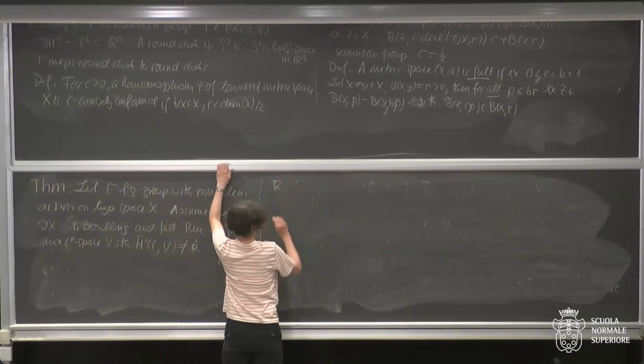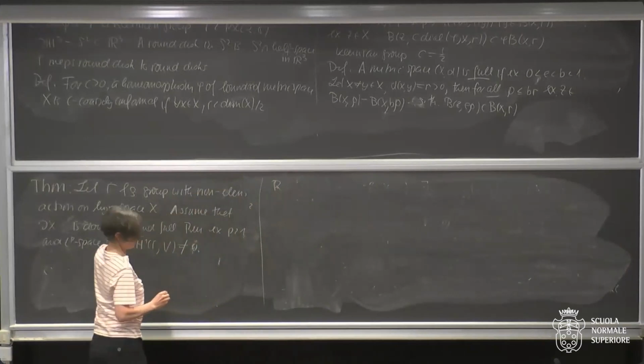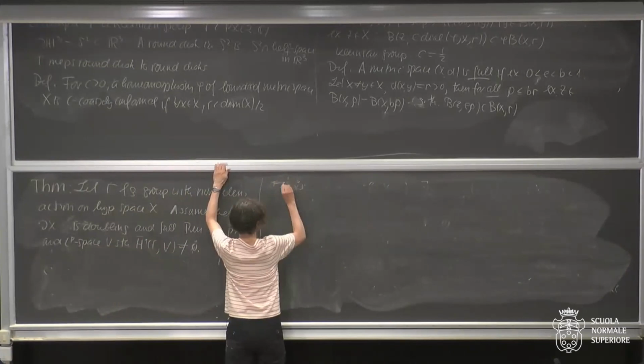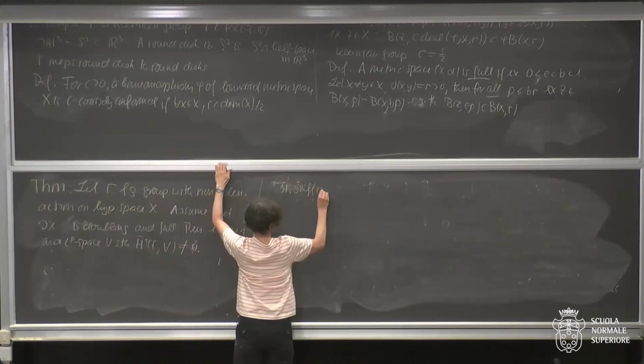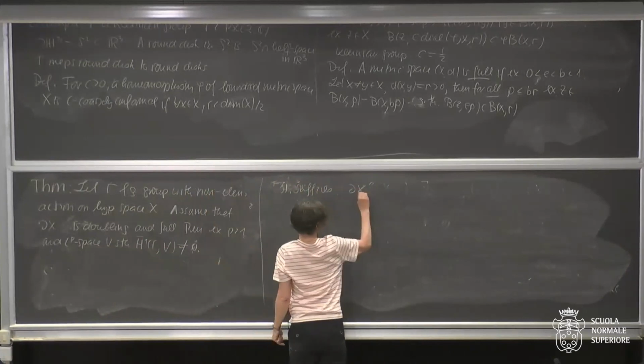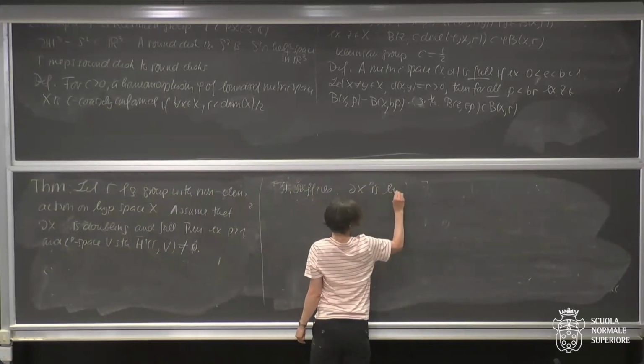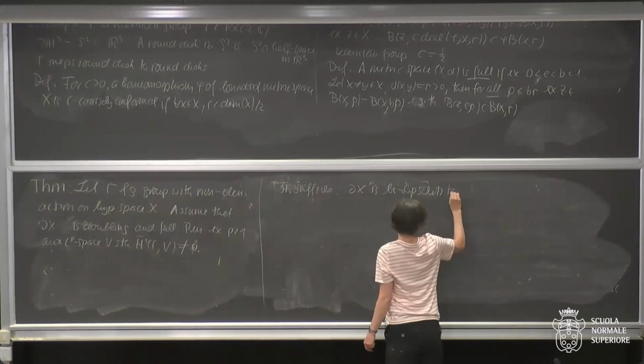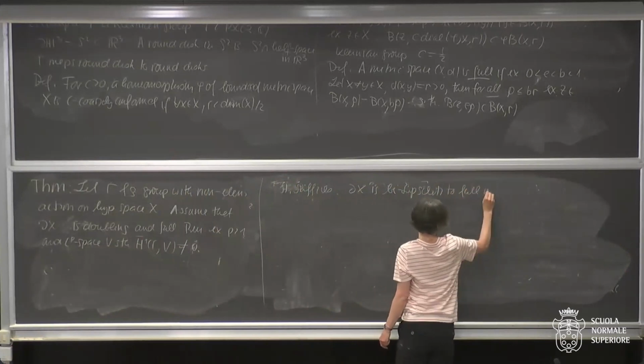So fullness is not invariant under Lipschitz maps. You can replace fullness by the hypothesis that the boundary is Lipschitz equivalent to a full metric space.